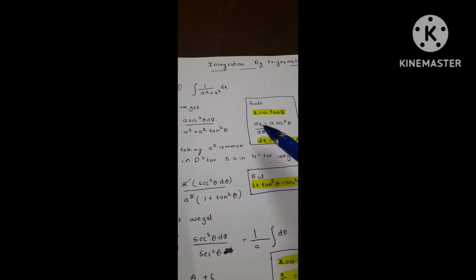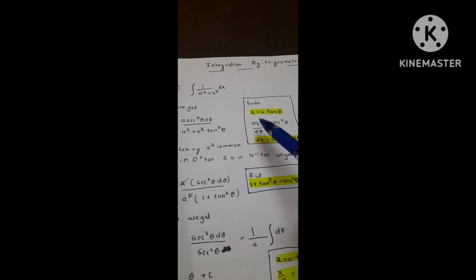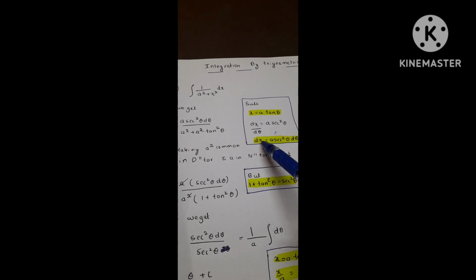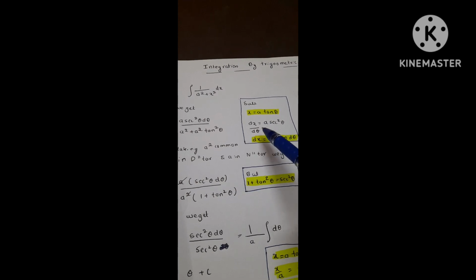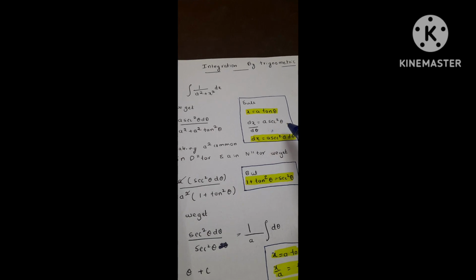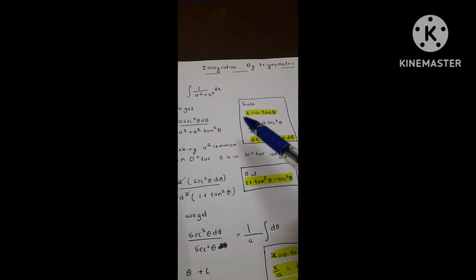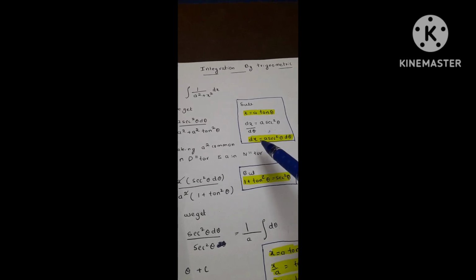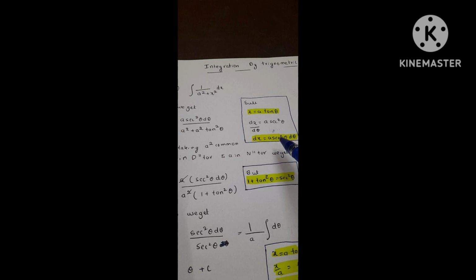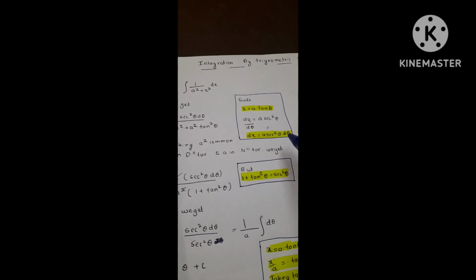What you have to do is differentiate that substitution with respect to theta. We will get dx by d theta equals a secant square theta. We want the equation for dx, so we take d theta to the right side. We will get dx equals a secant square theta d theta.